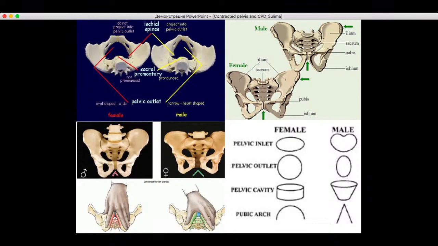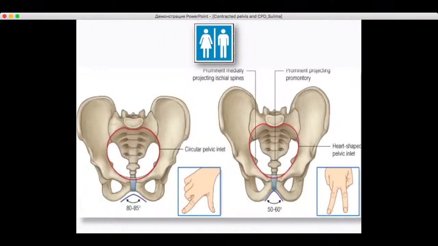On this picture, you can clearly see the main differences between the contracted and normal female pelvis. In case of a normal female pelvis, it's a circular pelvic inlet, and the angle of the inner part of the pubic symphysis is 40-45 degrees.